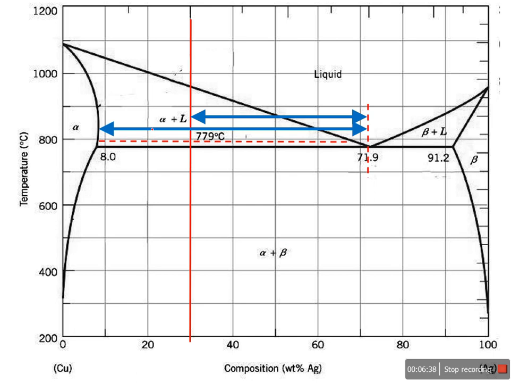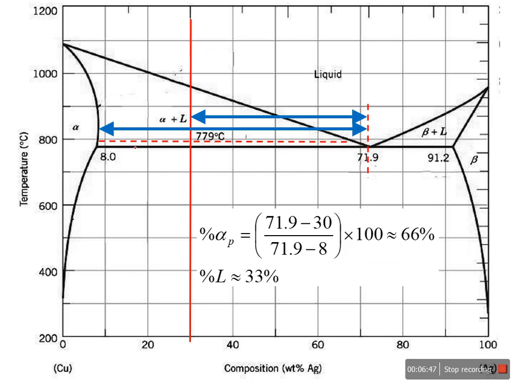So the percentage of alpha is going to be (71.9 minus 30) divided through by (71.9 minus 8), and is about 66%. So of course the percentage of liquid would be 34%.